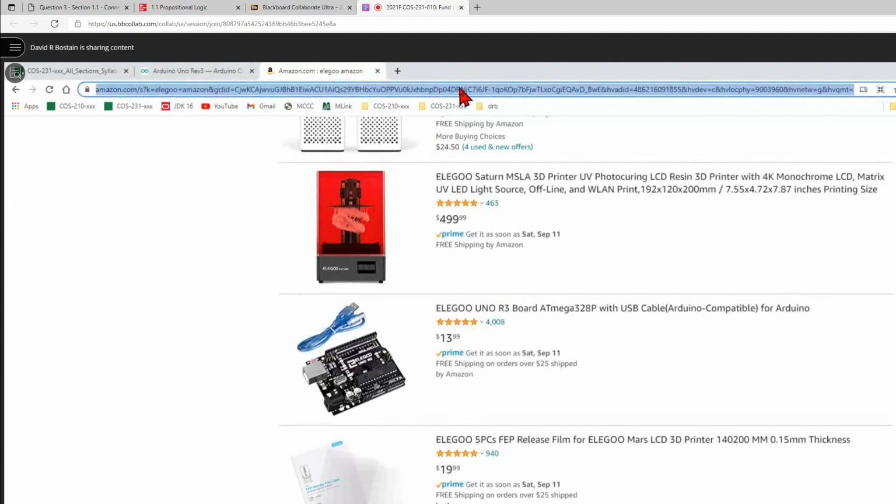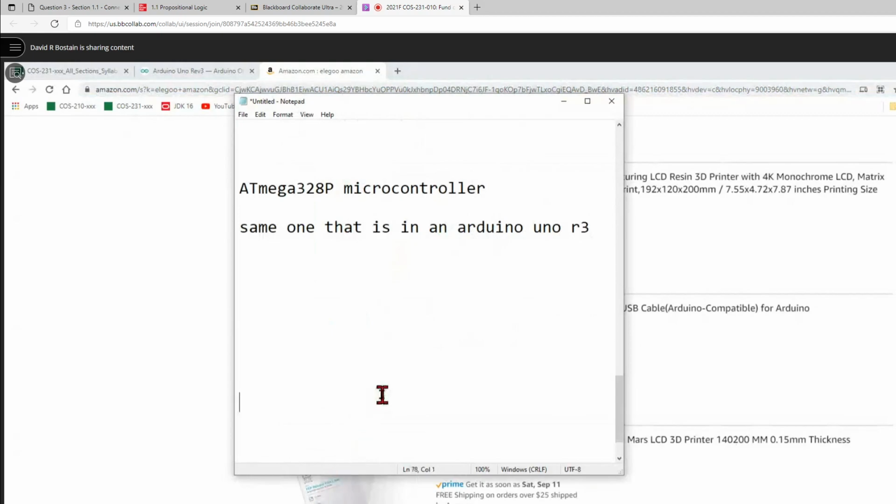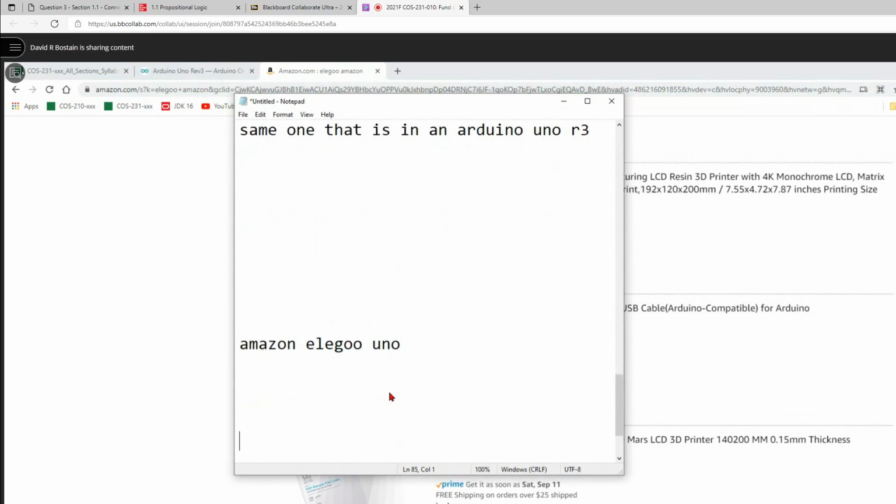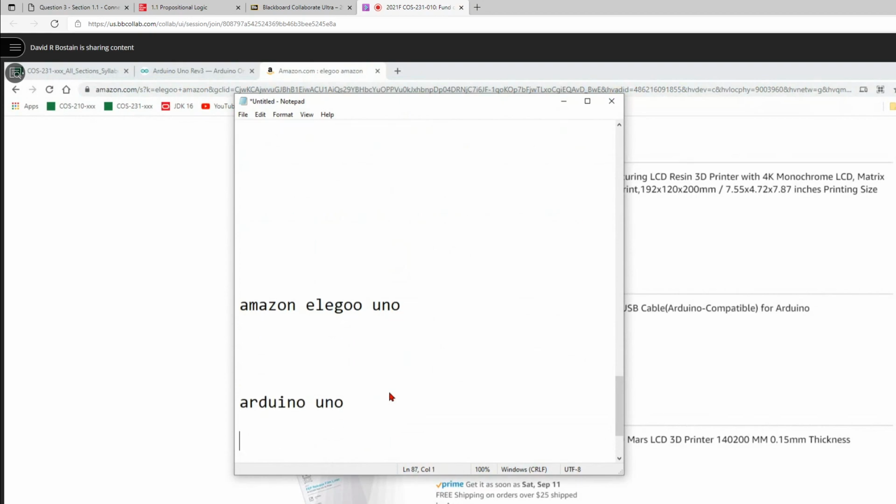To find this one, I searched for Amazon Elegoo Uno. Let me write that down somewhere. Amazon Elegoo Uno. And then I just searched in their site until I found it. And then the other place I searched for was Arduino Uno. And then I ultimately wound up at the site.